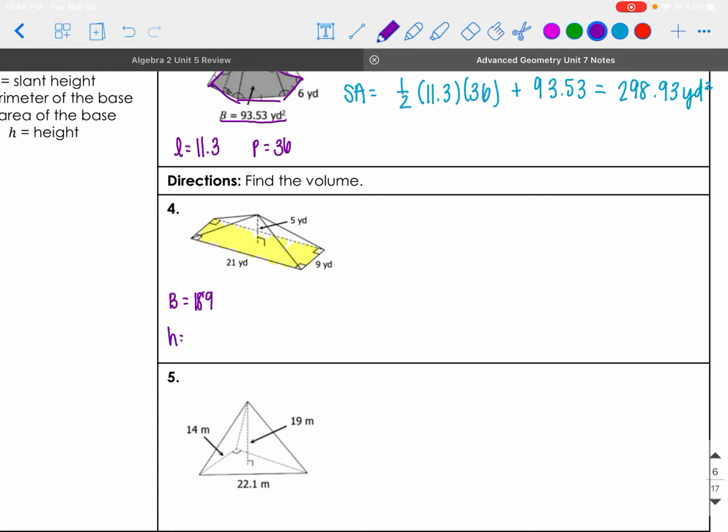And the height is 5, not the slant height, the height of the actual pyramid. And it's 1/3 area of the base times the height. And this is 315 yards cubed.